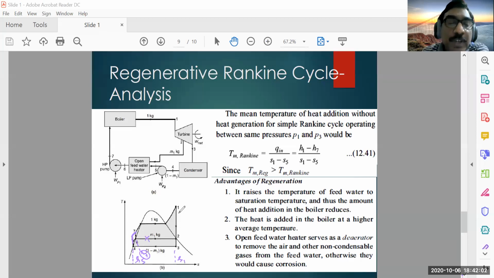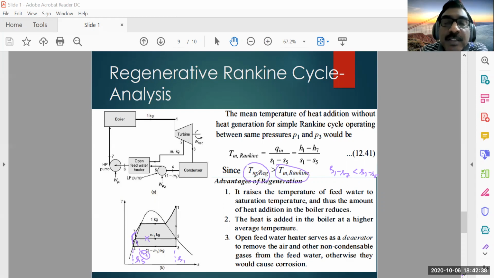Okay, so if you are taking a direct Rankine cycle, then the mean temperature of heat addition is equal to Q in by S1 minus S5, or H1 minus H7 by S1 minus S5. So since S1 minus S7 is less than S1 minus S5, the mean temperature of heat addition of a regenerative cycle is more than the mean temperature of heat addition for a Rankine cycle.